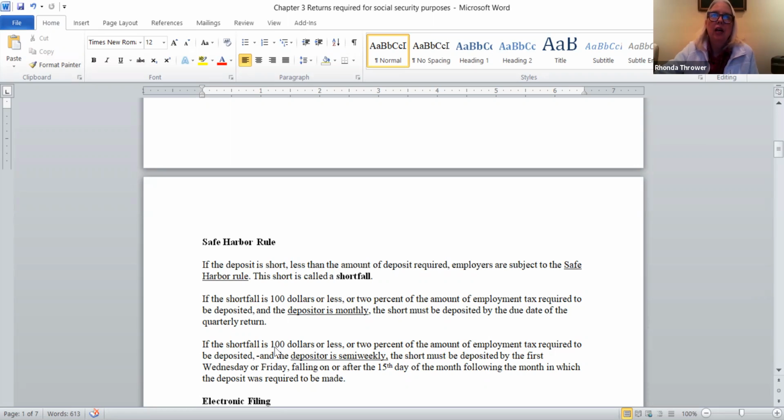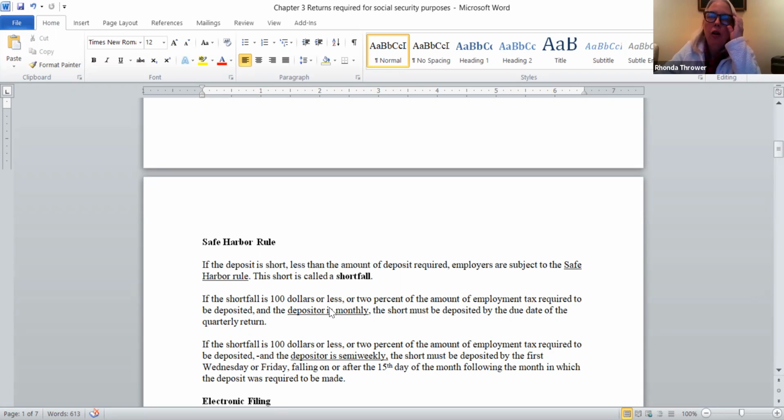If it's within $100 or less, then you get to use the safe harbor rule, and you won't be penalized unless you make that deposit after the due date of the quarterly return. So whatever you're short, if you're $100 short, or if you are 2% of the amount that is due of the employment taxes, you can use the safe harbor rule.